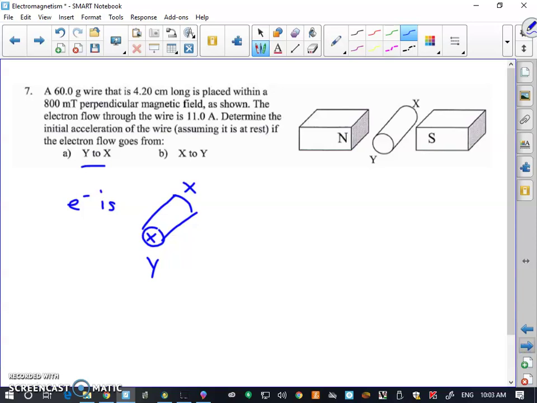The hand rule, of course, would have the magnetic field going this direction. The thumb should go into the page for the current, which we would call the I for current. And then the force should be upwards. And that's using what we call our third left-hand rule for force.